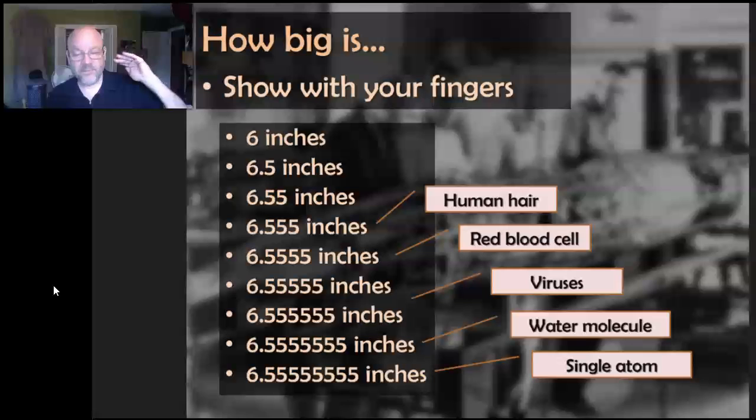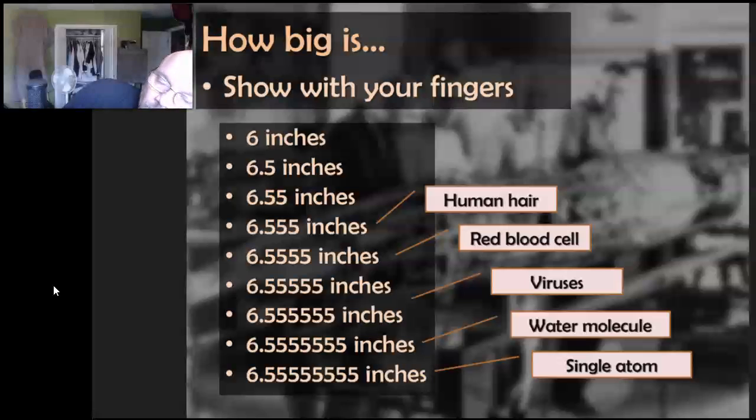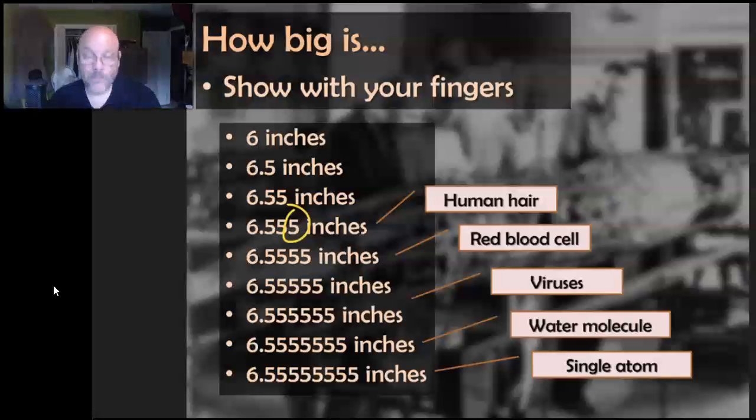But you can see there in the picture that if we keep going, 6.555, 6.5555, 6.55555, all the way to the end, 6.555555, you can kind of see what happens. By the time we get to our third 5, this distance right down here is about the same size as a human hair.